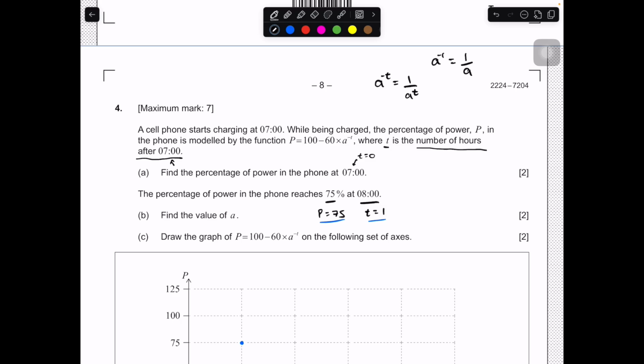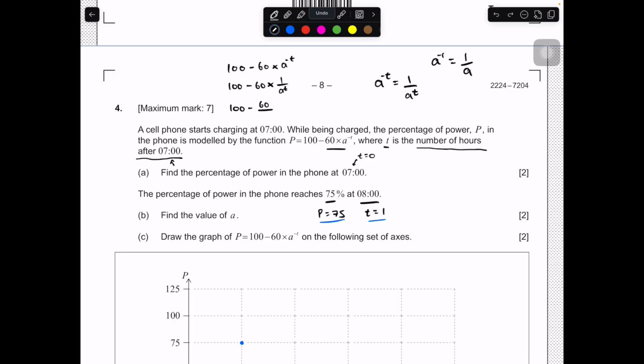What is the point of this? If we rewrite this, 100 minus 60 times a to the negative t, we could rewrite it as 100 minus 60 over a to the t.